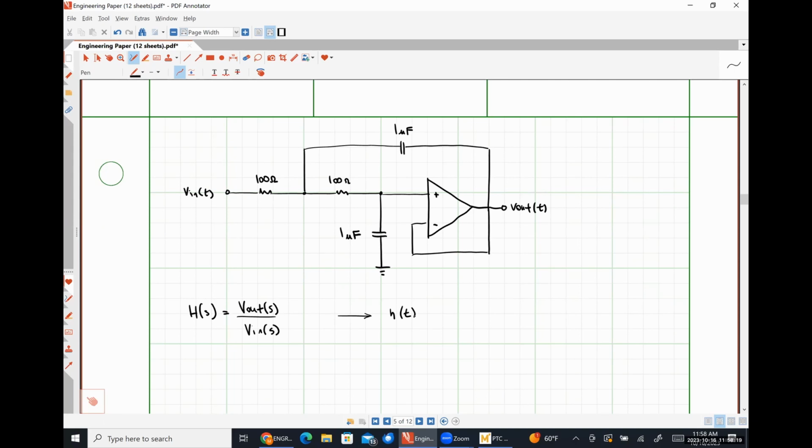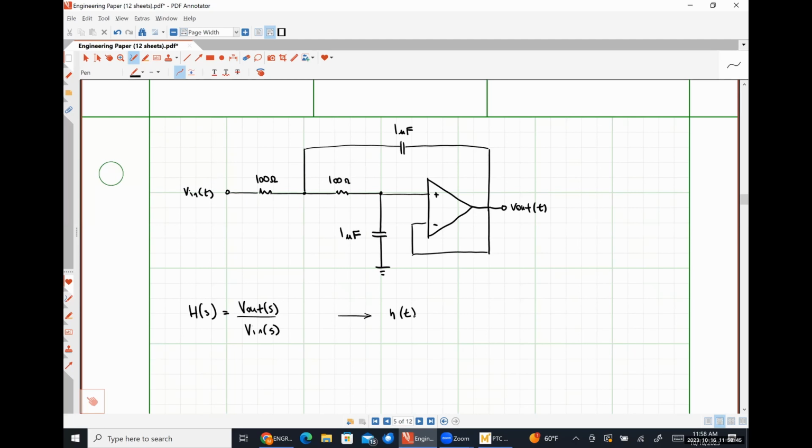Or in the frequency domain, we could apply any S domain input signal that is the Laplace transform of our input signal of interest to find out how this signal is going to behave. Right, so we're trying to tie some stuff together and look towards the future. All right. So I want to analyze this thing to figure out what my transfer function is going to be.